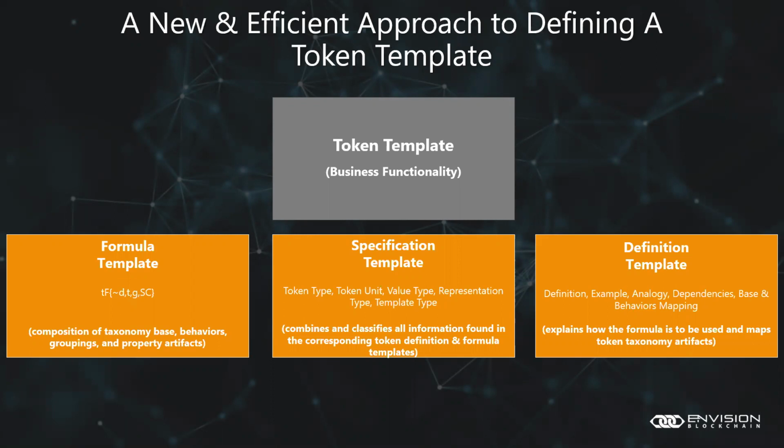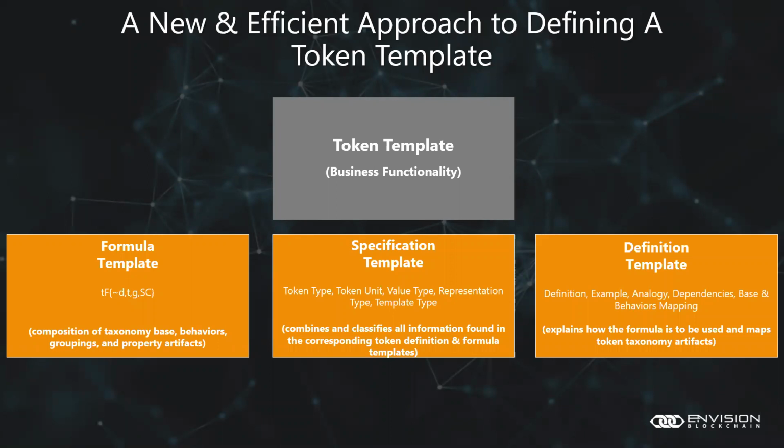It allows us to define the business value or functionality that the various behaviors can have through a series of analogies, dependencies, and we can begin using those identifiers to begin mapping those behavior artifacts to the token template, to the token definition template.